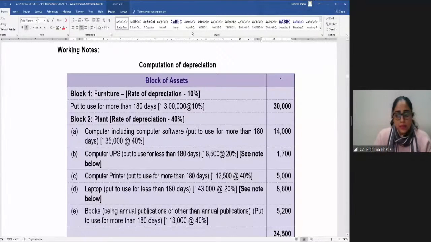Yes, there is an income of 55, but only to the extent of 30 would go in my PGBP income as balancing charge. I will repeat, don't worry. The remaining 25 would be my capital gain income and will go under the head capital gain.